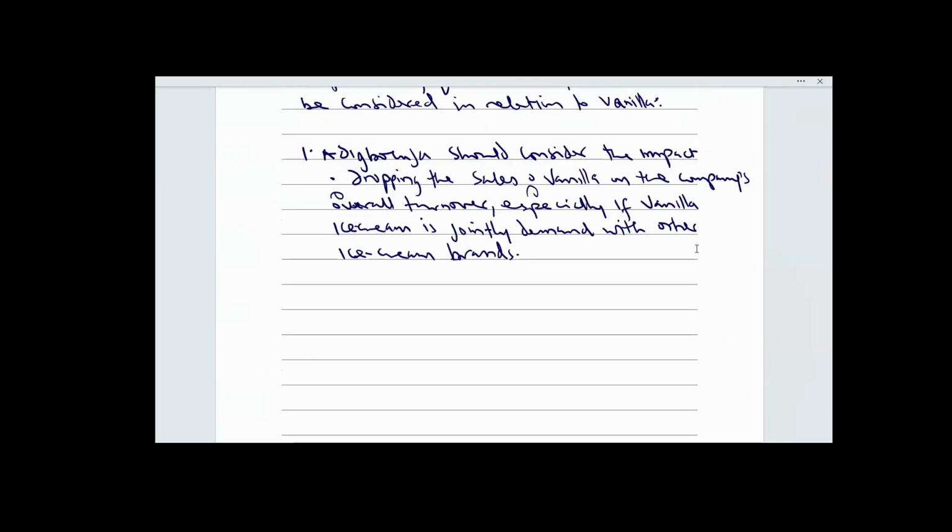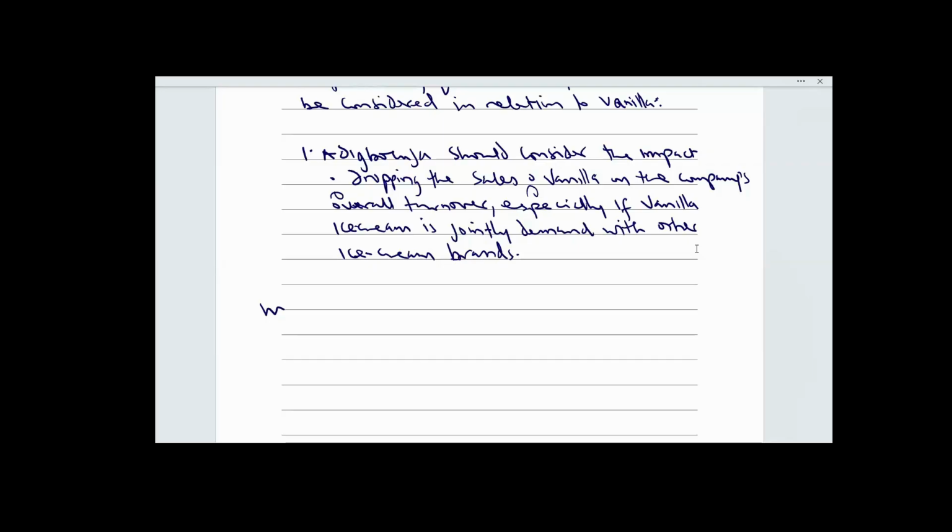So some customers, they like vanilla. If they want to buy ice cream, for them to be able to patronize the company, they can combine, for example, chocolate with vanilla or chocolate with strawberry. So if this company is now saying they are not going to produce vanilla again, that means those customer segments that prefer vanilla won't come and buy ice cream from this company again.